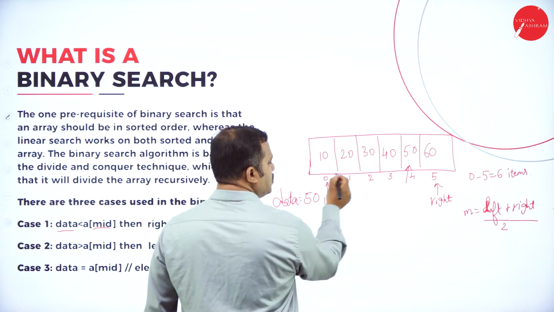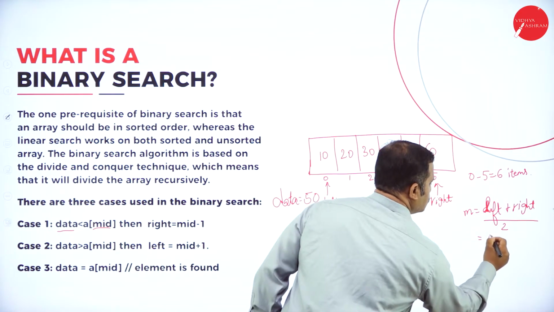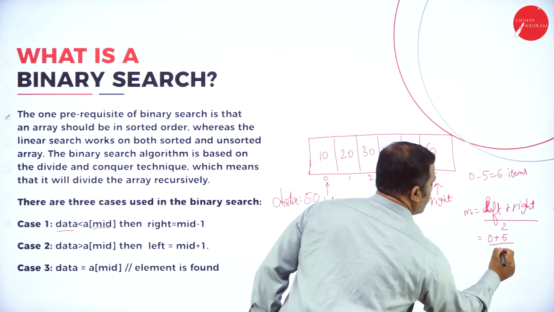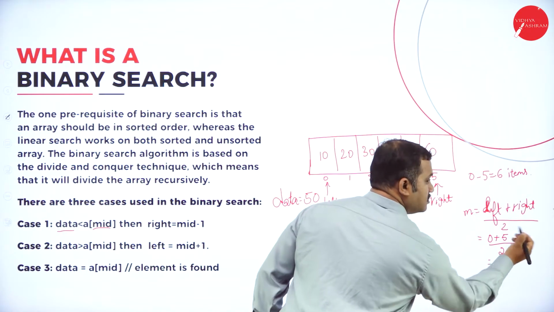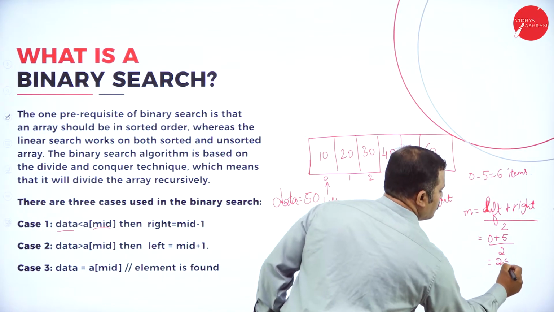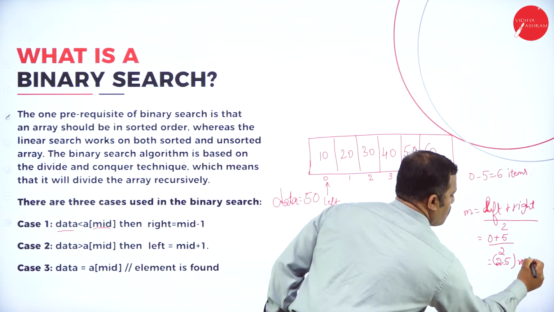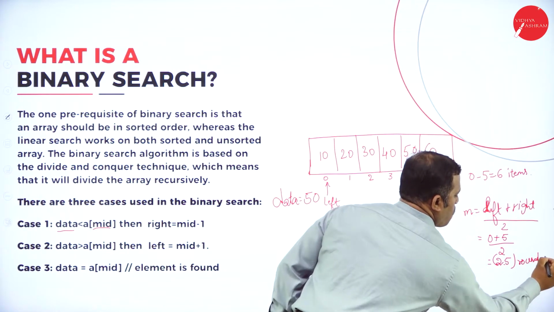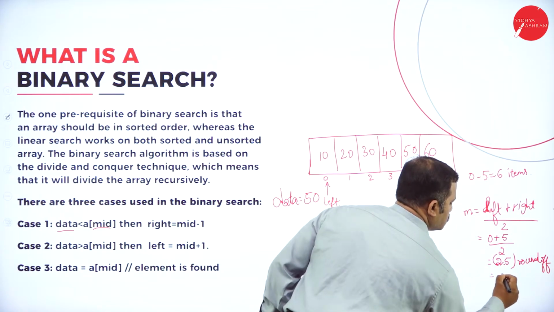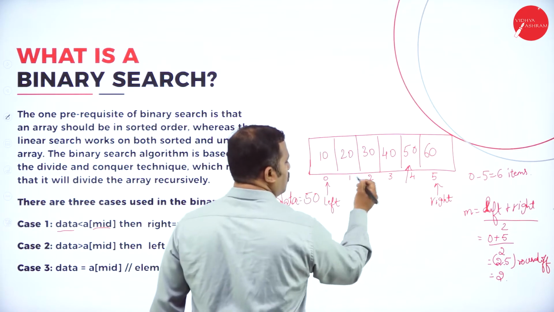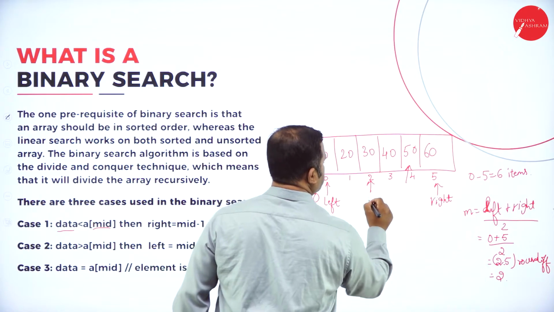That means 0 plus 5 is 5, divided by 2, which is equal to 2.5. We will crop it and round it off to 2. Now this becomes the mid element.